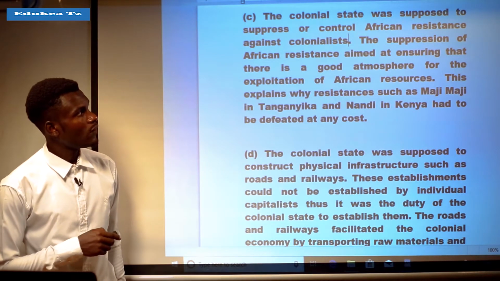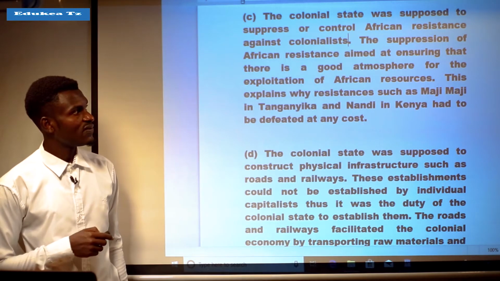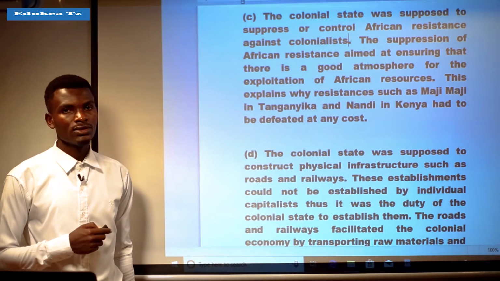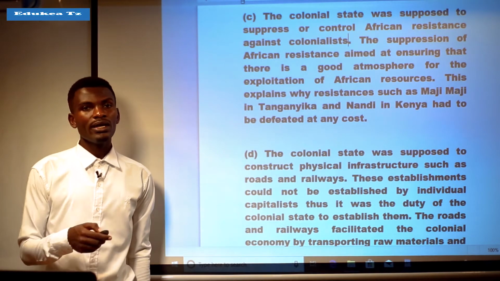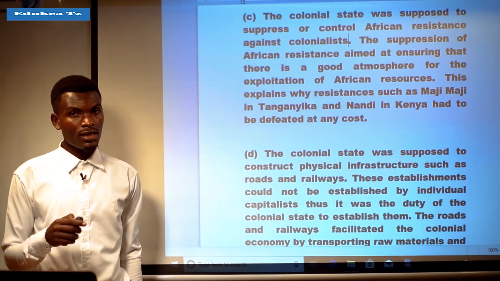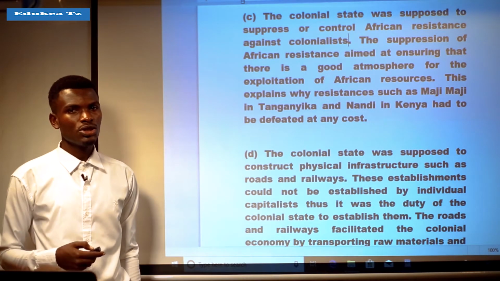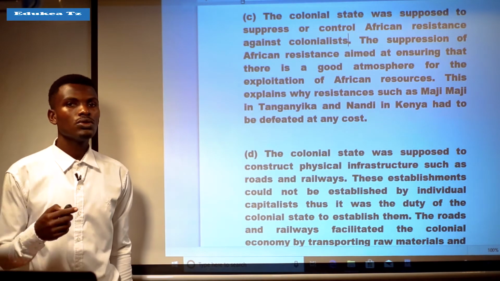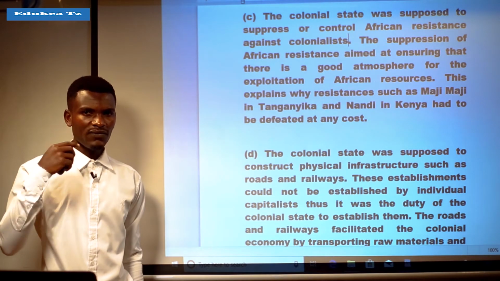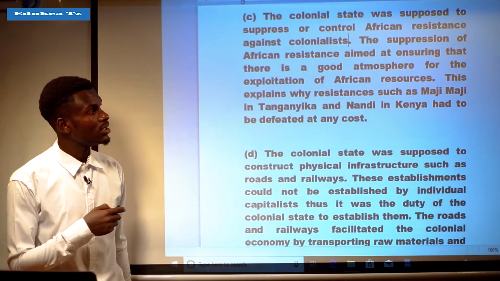The suppression of African resistance aimed at ensuring a good atmosphere for the exploitation of African resources. It means that by suppressing African resistance, they ensured there was a good condition in the colony for sufficient and intensive exploitation of African resources.